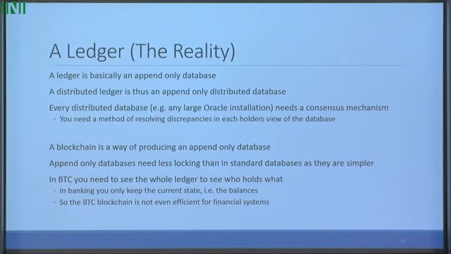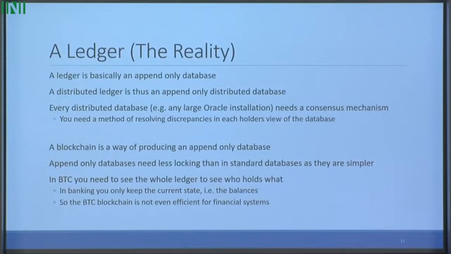That's basically your issue with major installations of databases. So a blockchain is just one way of producing a database. But it's an interesting database because it essentially only allows append operations, which makes the ability to do the consensus easier than if you had an Oracle installation, which allows you to do all sorts of weird operations.